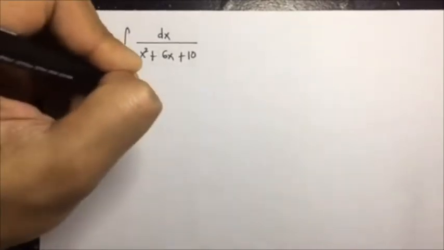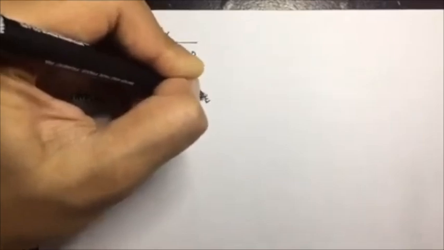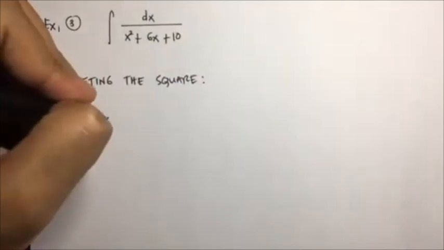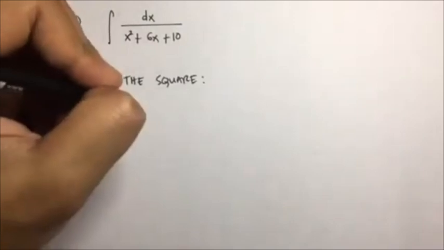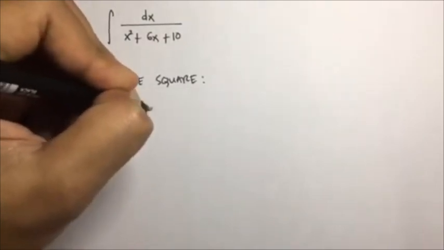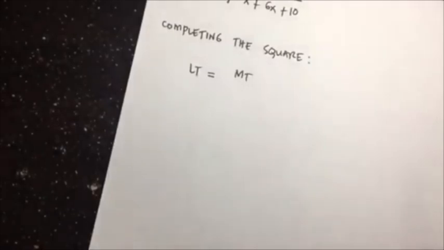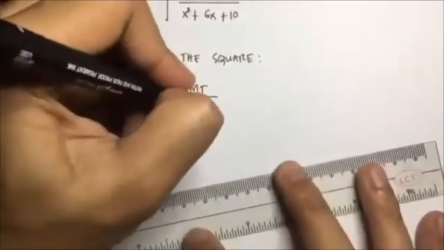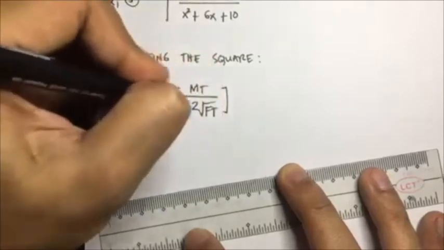The last term in completing the square is equal to the middle term divided by 2 square root of the first term, and then squared.